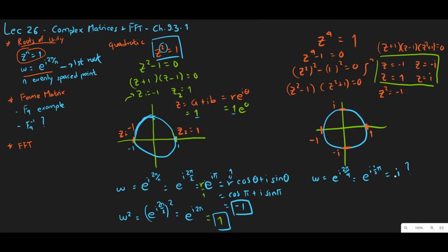If you don't believe this is equal to i, let's also expand this into this form. So I have cos of half of pi plus i sine of half of pi, and this will be 0, and this is 1, so I have i, right?